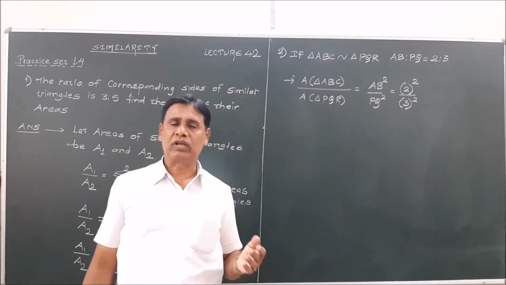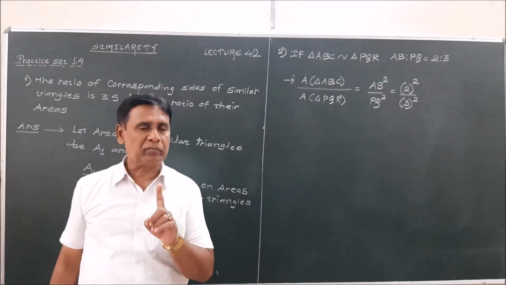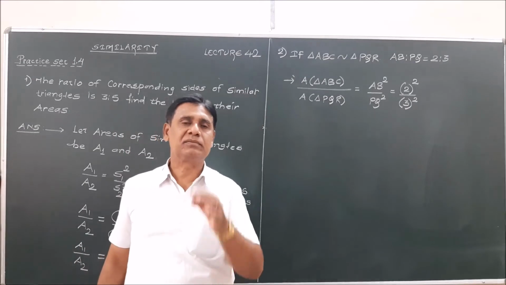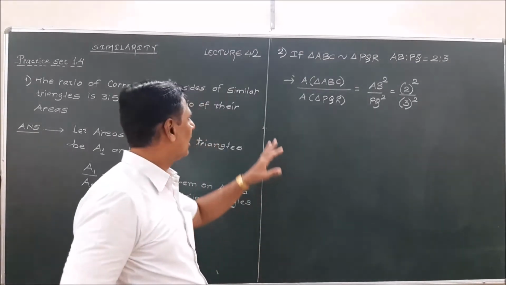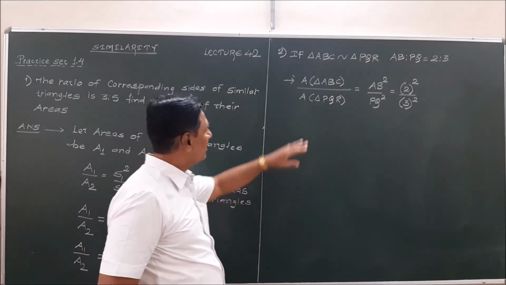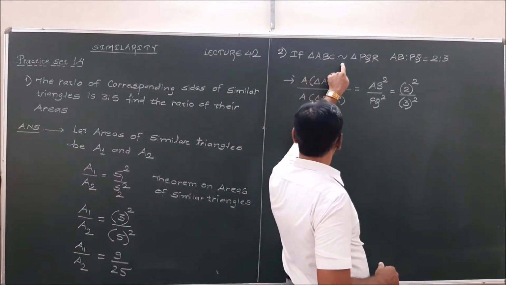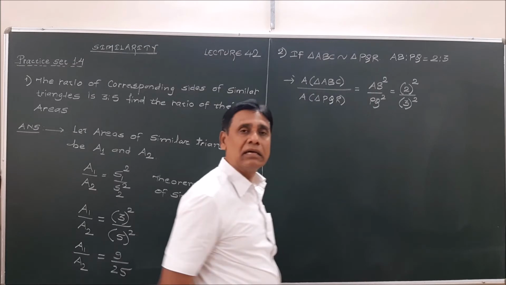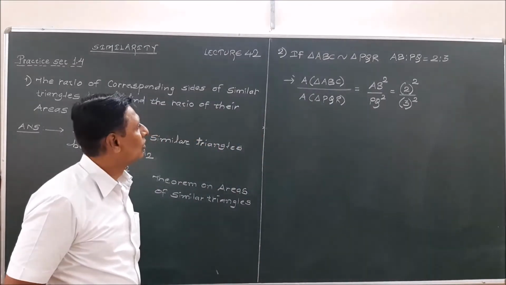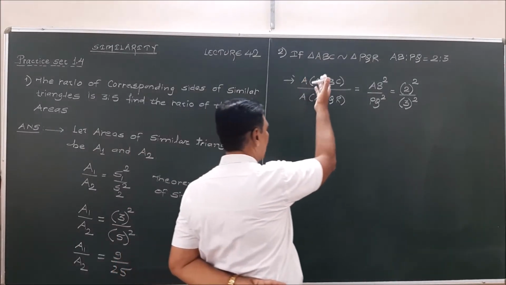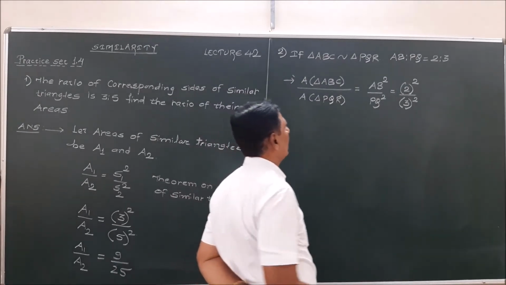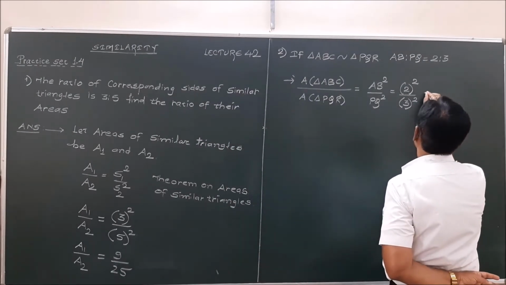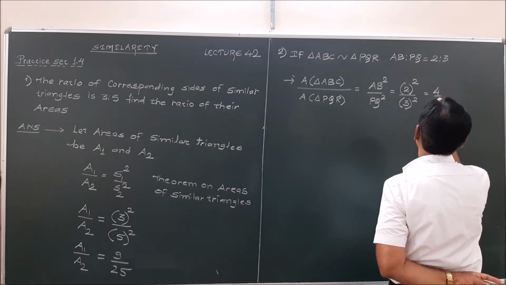Again, I would like to tell you the same thing. What is important thing? Triangles must be similar. Then and then only you can apply this theorem. So what is given? Triangle ABC, this is very important, similar to triangle PQR. Therefore, area of triangle ABC upon area of triangle PQR is equal to AB square upon PQ square. That is equal to 4 upon 9.